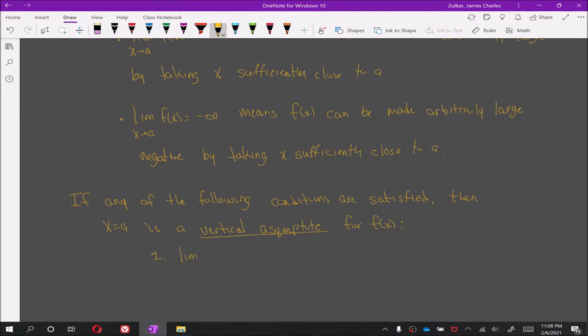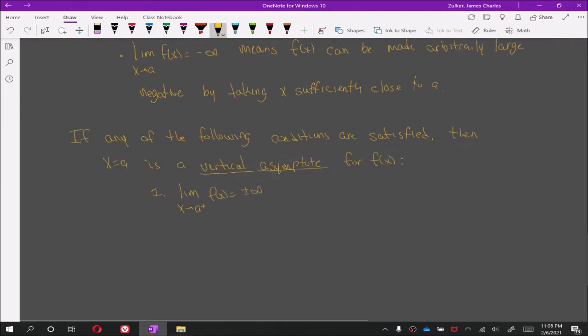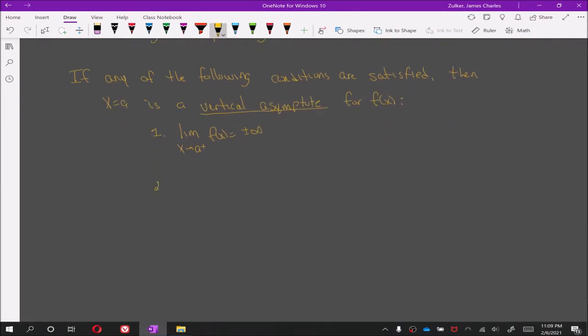First, the right-handed limit at A is infinite, so plus or minus infinity. Two, the left-handed limit at A is infinite. And three, the limit at A is infinite.